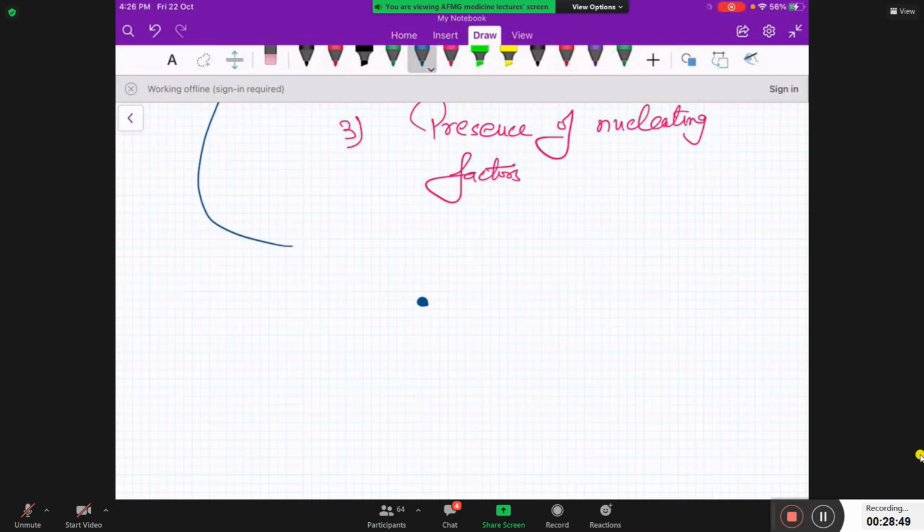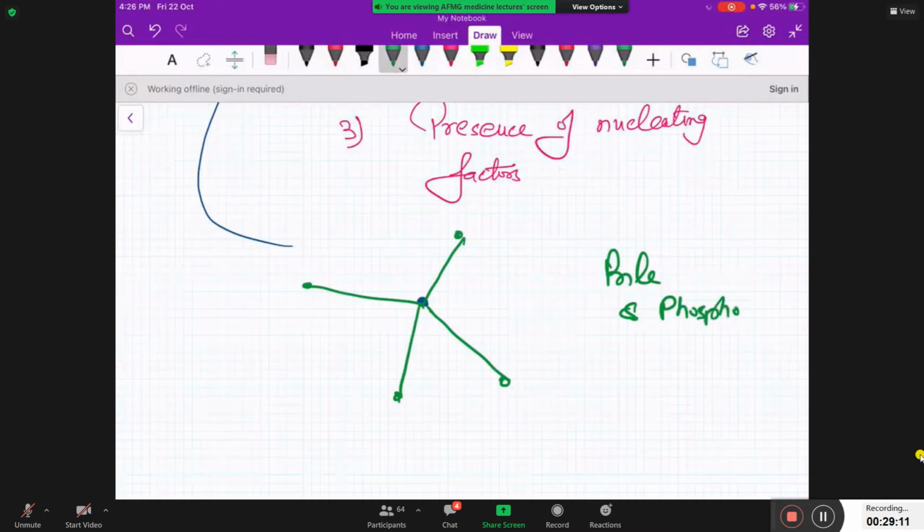To prevent this, the body has an arrangement. The body tries to make the cholesterol molecule soluble by getting bile salts and phospholipid attached to it. Bile salts and phospholipid get attached to the cholesterol molecule and form a compound called a micelle. So this micelle is soluble in water.